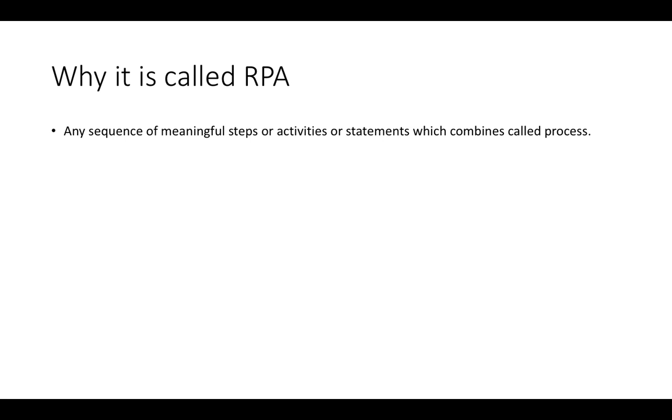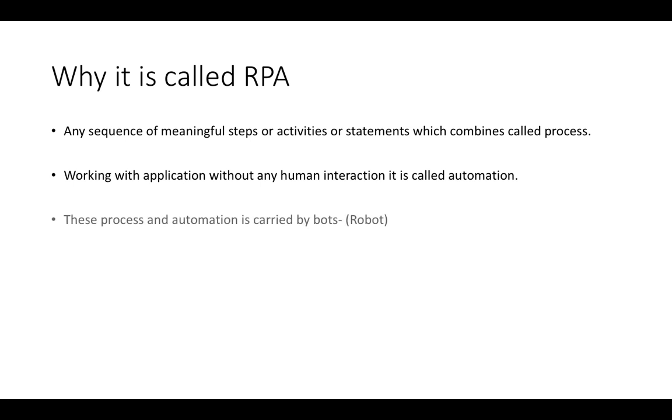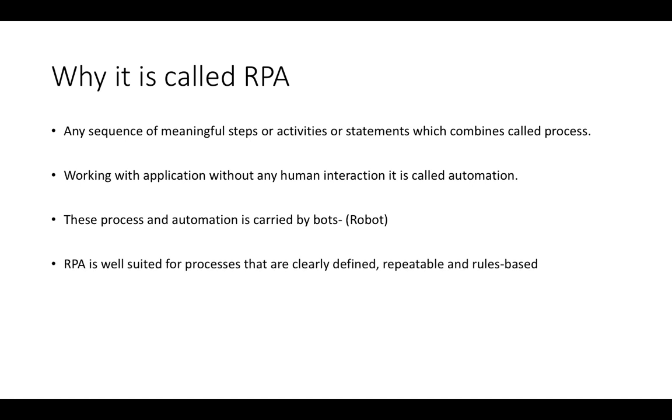So this is nothing but a process which we follow. Now what is automation, which we already discussed in many of the videos? When you perform any activity without any human interaction, it is called automation. Okay, and the process and automation which we are doing is carried out by bots, so it is called a robot. So if you combine all of them, it is called robotic process automation.